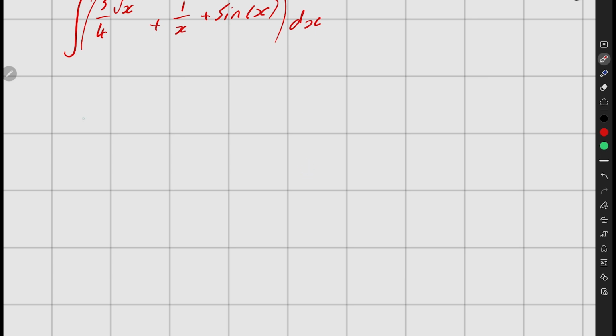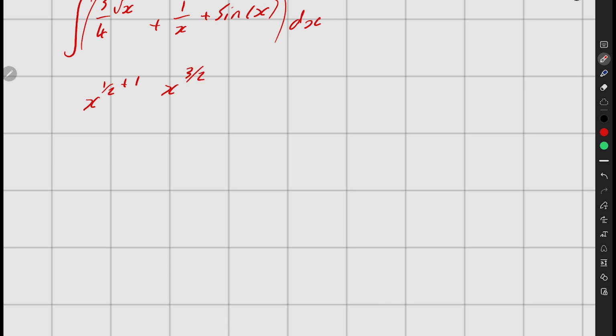So when we're integrating this, we know that the square root of x is x to the power of a half. So x to the power of a half plus 1, that's going to be x to the 3 over 2.